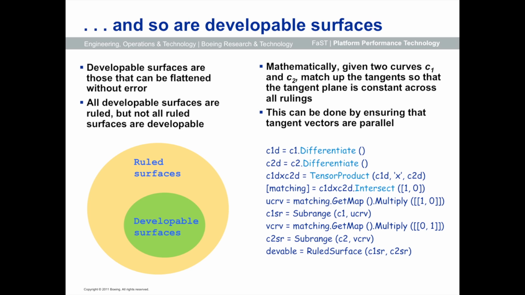I want the locus of points in the parameter spaces for those two surfaces at which those cross products vanish. So if I have arranged things so that the first point on the first curve and the first point on the second curve, that those tangent vectors match, and let's say the ones match for the endpoints of those curves, then as the curves wrap around, I can find such a correspondence.